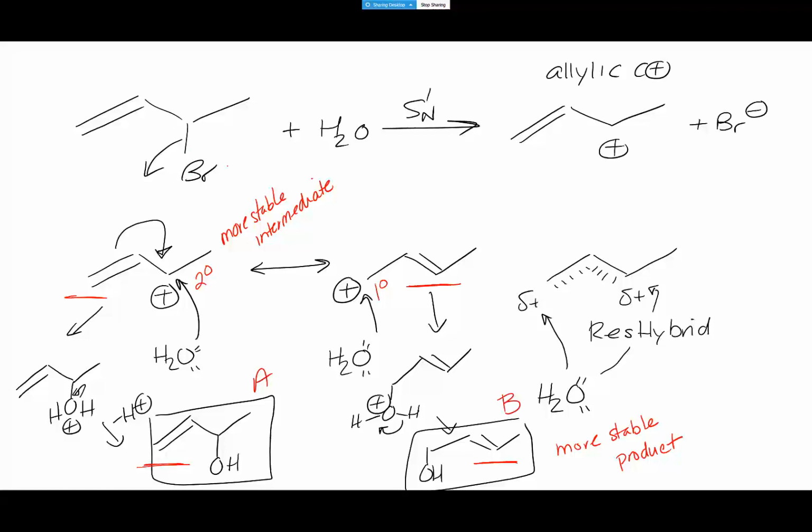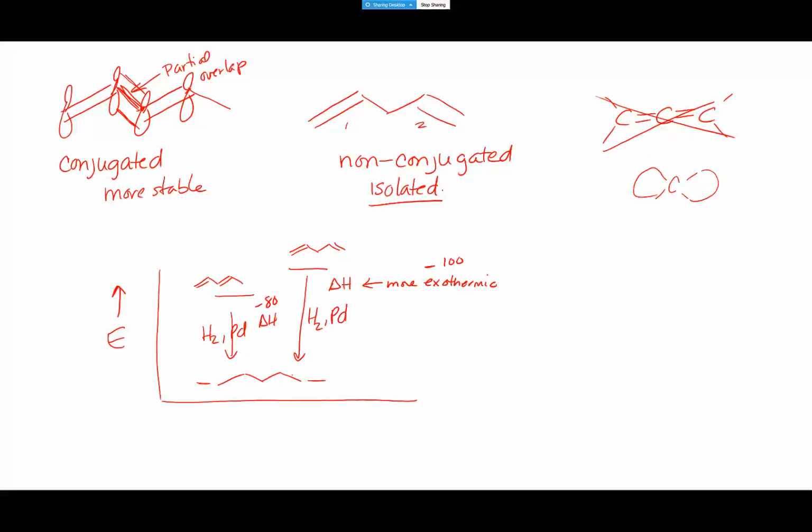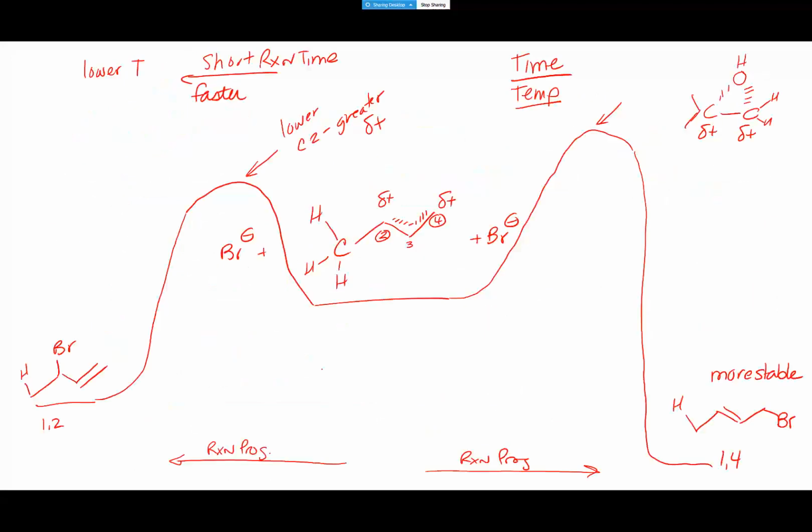I lost the bromide to form the carbocation intermediate. Can I do that with each one of these products that I just formed? Could I break this carbon-bromine bond and go back over the barrier to the intermediate? Could I break this carbon-bromine bond and go back to the intermediate? Yes.